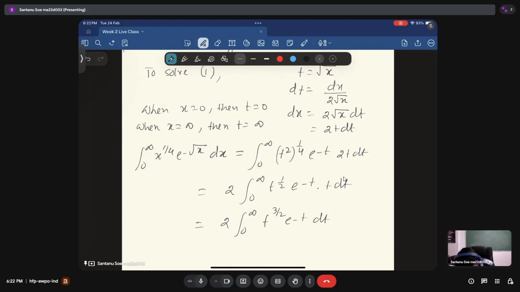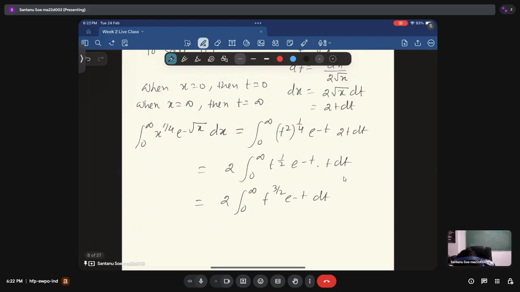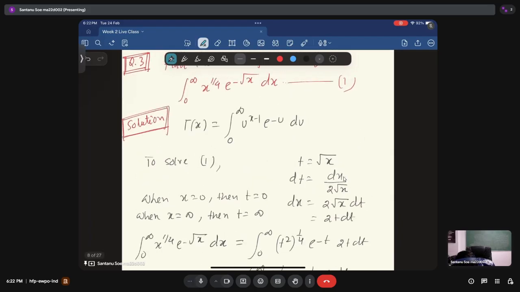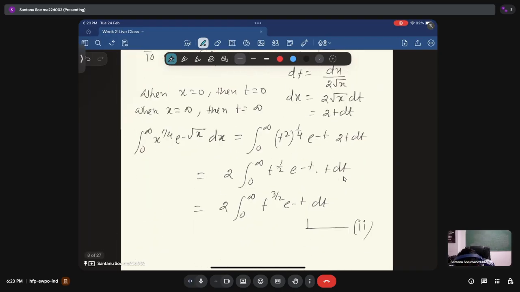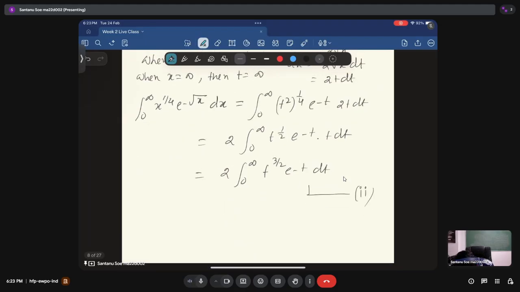dt, correct? So now try to see that to make this integration, so let us call it as 2, in the form of the gamma function, let us call it as a. We have to choose the power of t correctly, correct? So just let us write this integration as 2 times the integration 0 to infinity t to the power 5 by 2 minus 1 exponential of minus t dt.